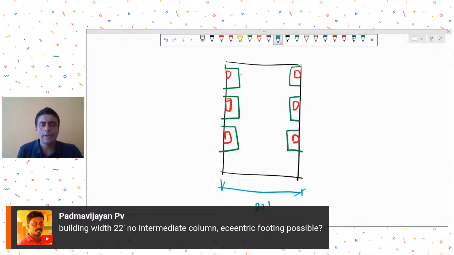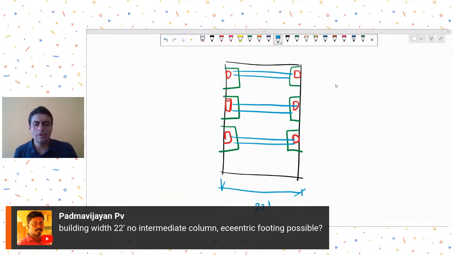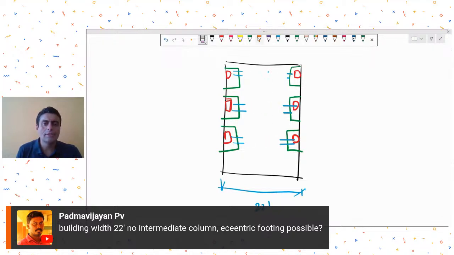So now if I provide tie beams 22 feet long, it will be problematic, more so for the contractor and for the client. Problematic because mentally they feel that this is very heavy, and you might face difficulty in such situations.